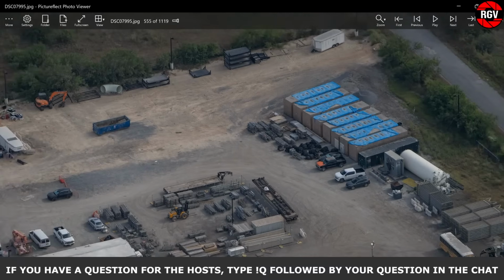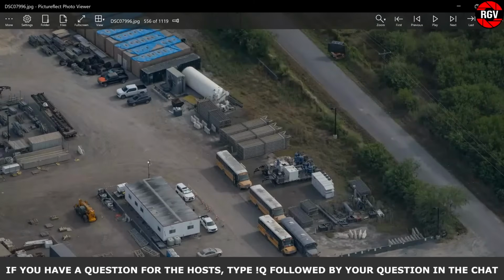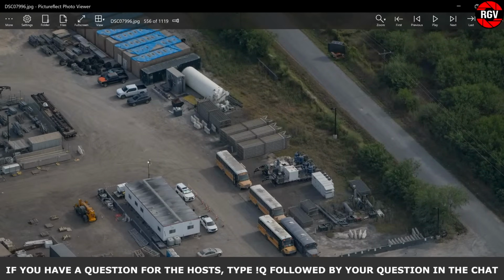Can't wait for these boxes to be opened. And then we'll all be disappointed, because it's probably something just stupid. Yeah, it's probably just Cybertrucks.